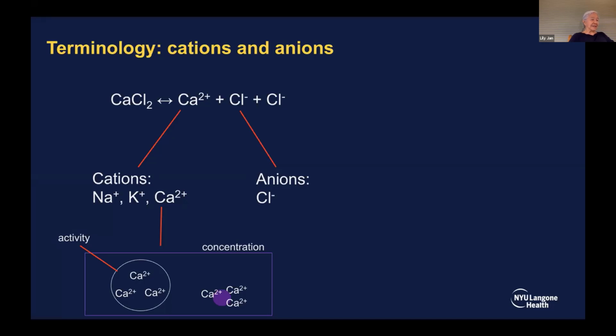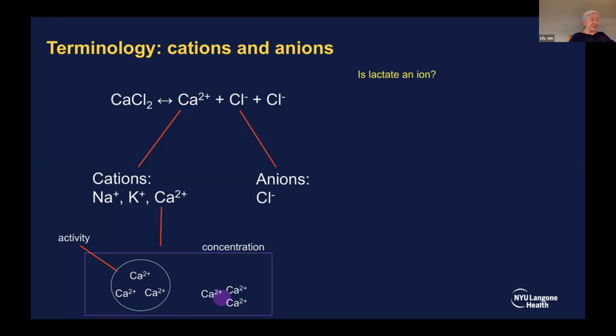Calcium ions can serve the purpose of second messengers by modulating enzymes and channels. But the activity of calcium channels would depend on the concentration, as we all know.